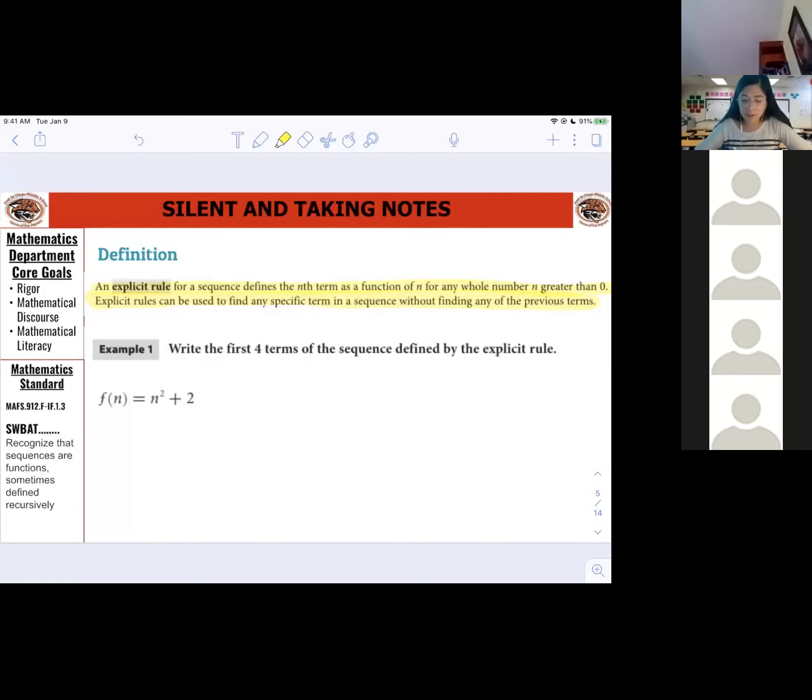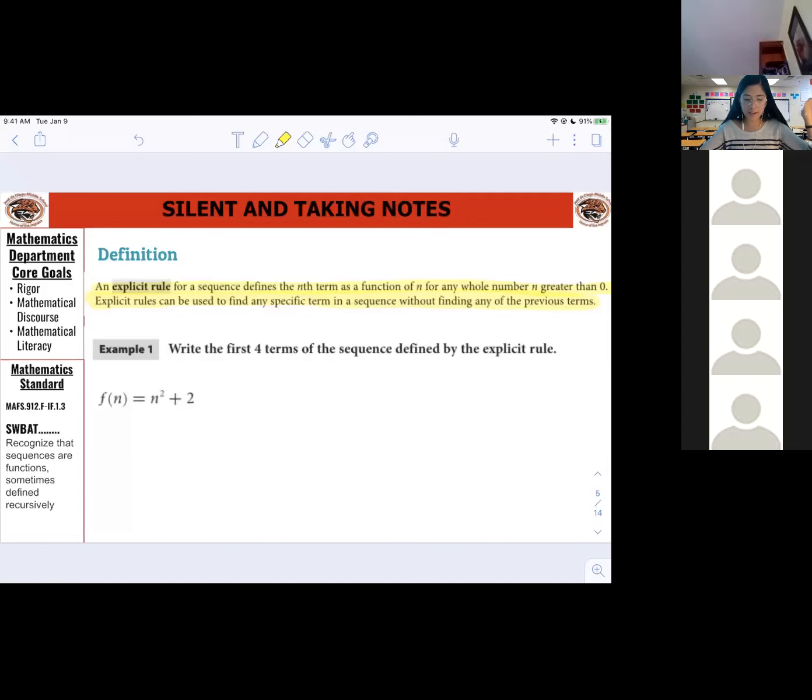The thing is with these types of rules with a sequence is that you can only plug in whole numbers greater than 0. So your inputs are only going to be 1, 2, 3, 4, 5, 6, on and on. So only whole numbers greater than 0.